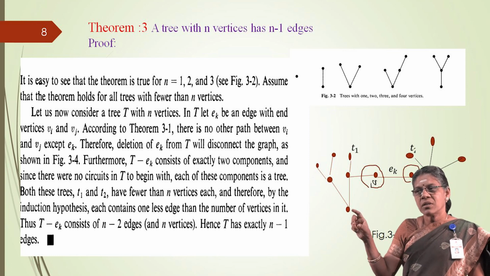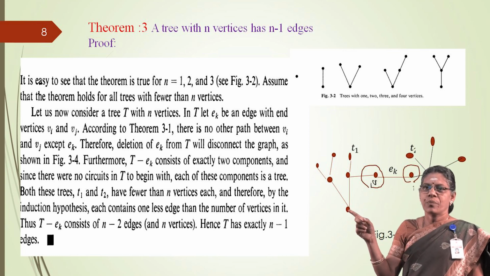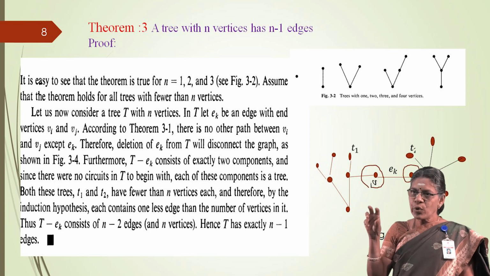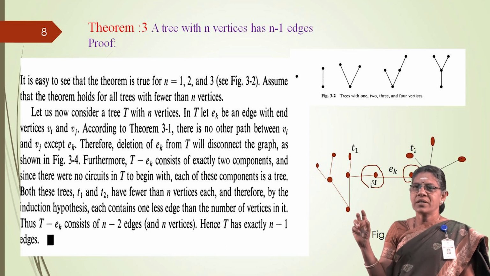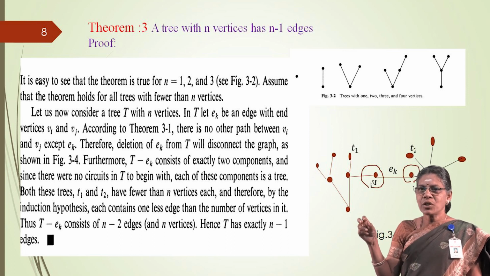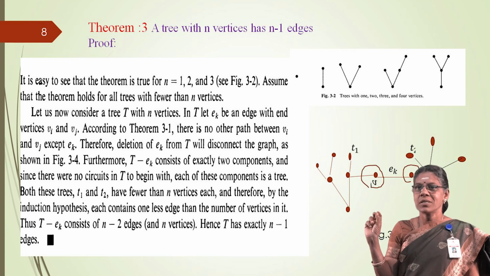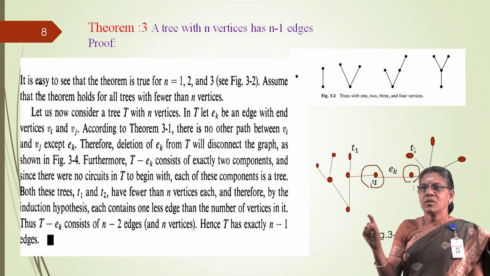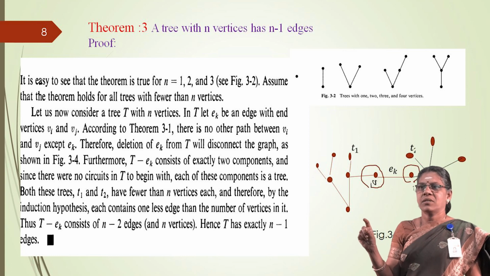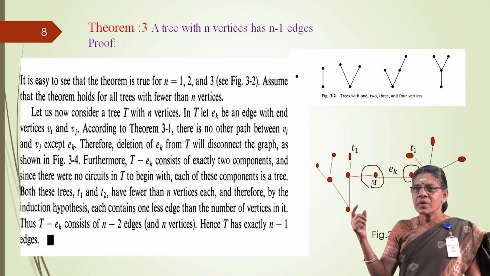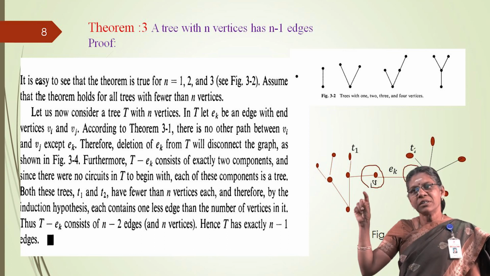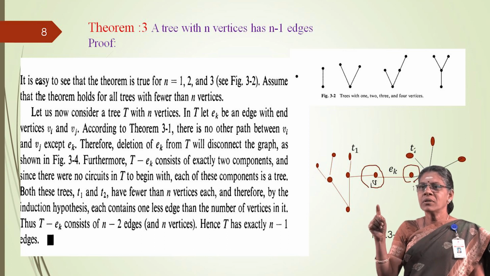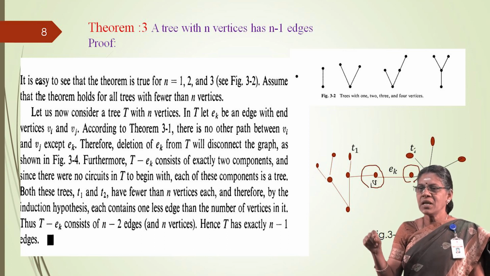But both of these components, T1 and T2, have fewer vertices than T. And therefore, by the induction hypothesis, each contains one less edge than the number of vertices. So T1 has fewer vertices than T, and T2 also has fewer vertices than T.